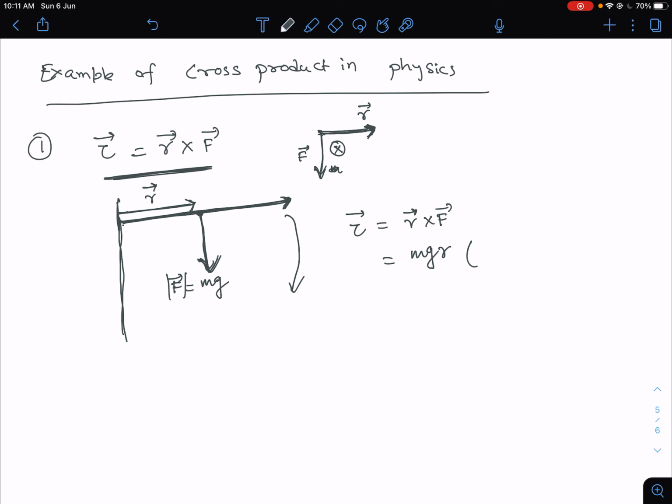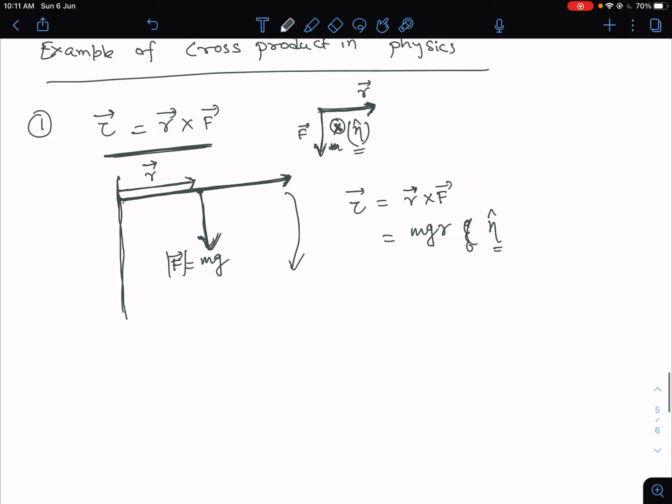If you assume that downward direction to be eta, then this is just mgr eta. This is the unit vector.